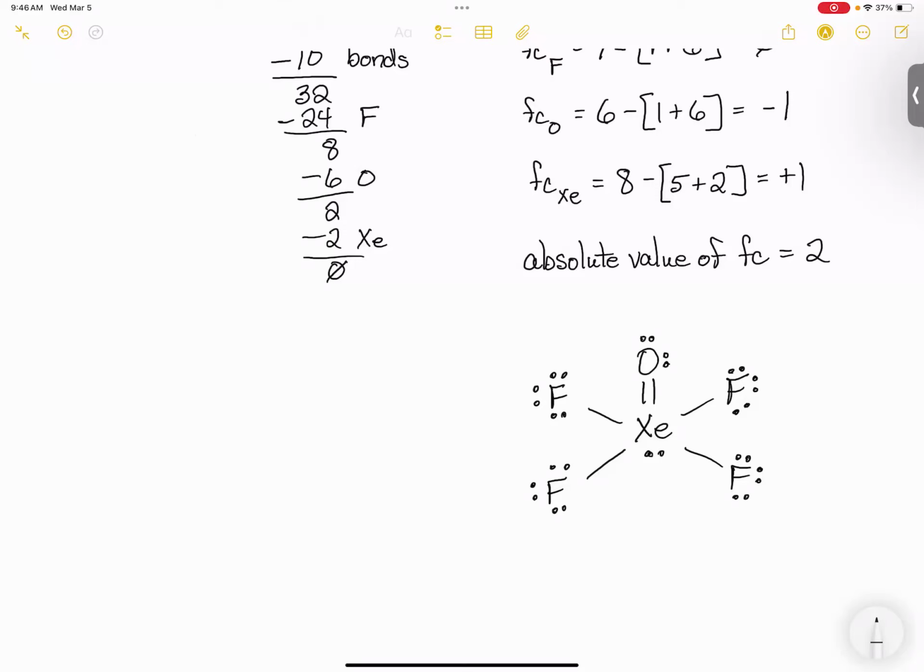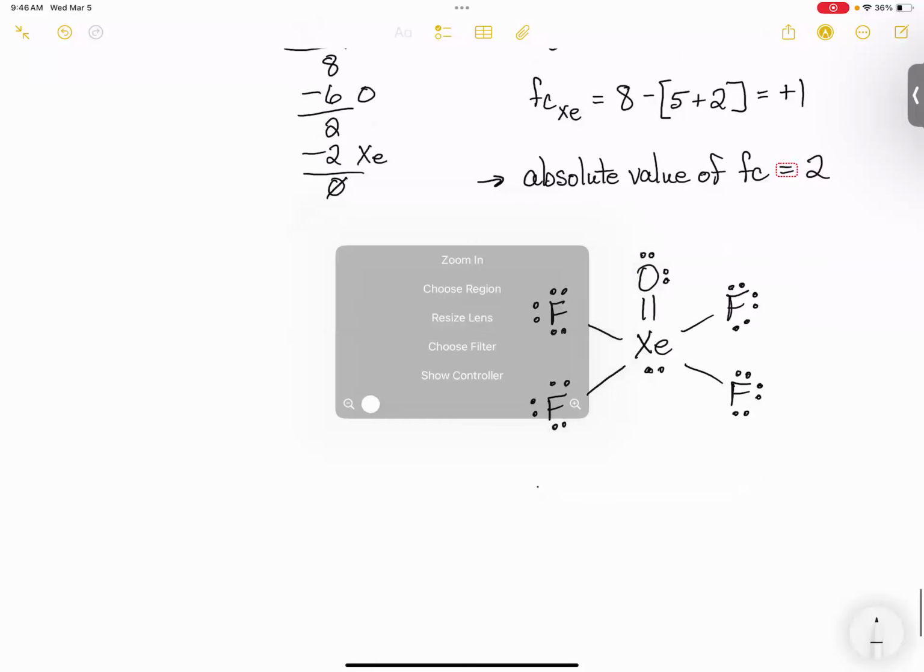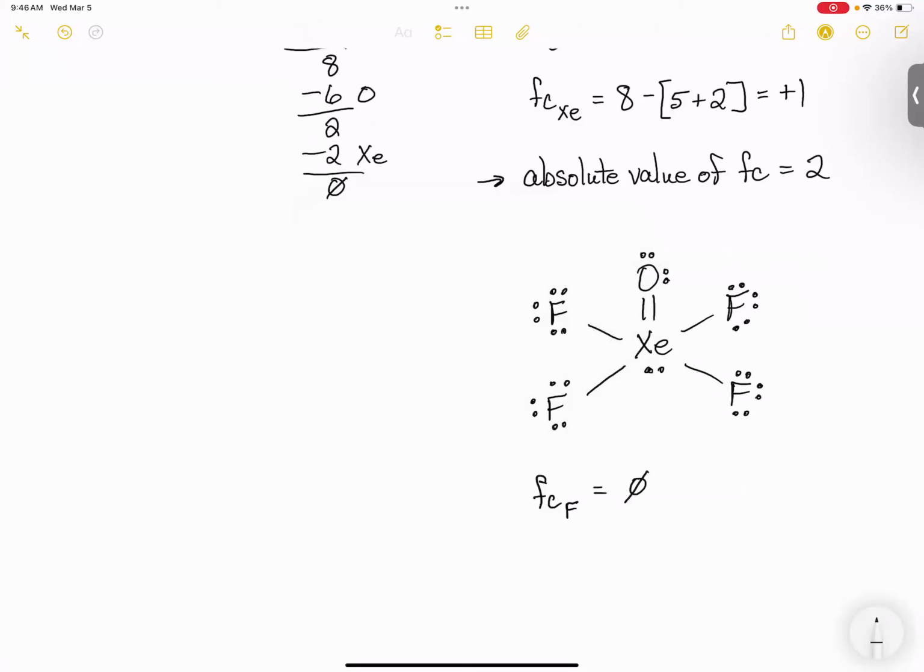The only way we are going to know if this is a better structure is if the absolute value of formal charge is less than 2. So we calculate our formal charge. Our formal charge on our fluorines has not changed. It is still equal to 0. And that is because we did not alter the fluorine portion of the structure.